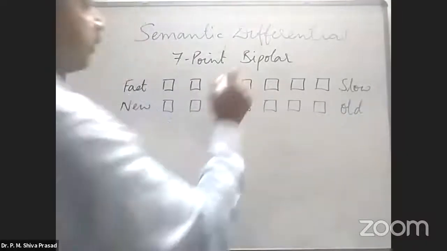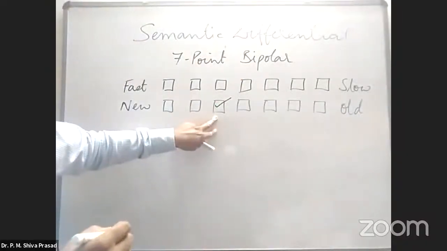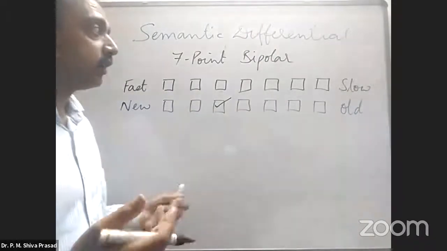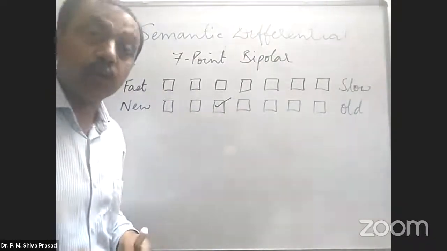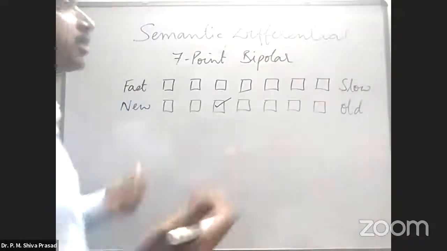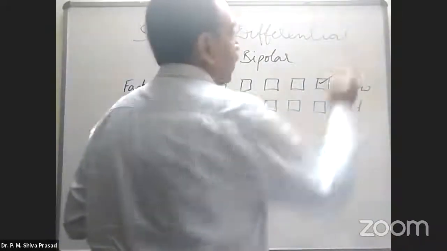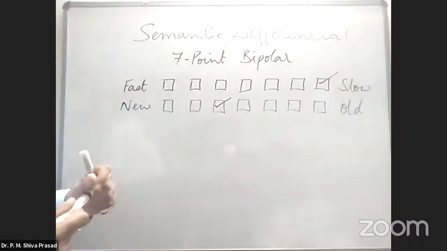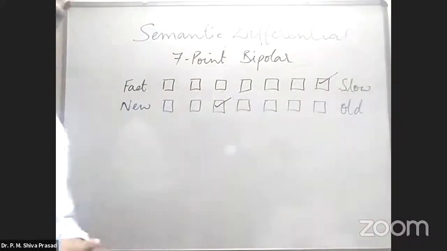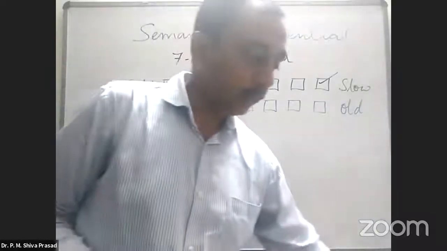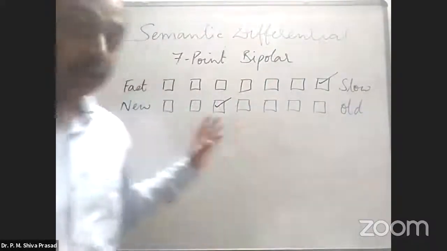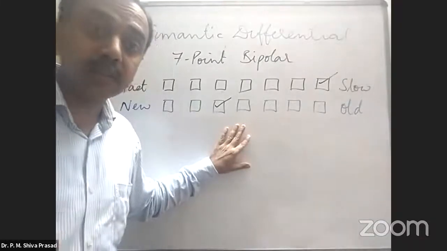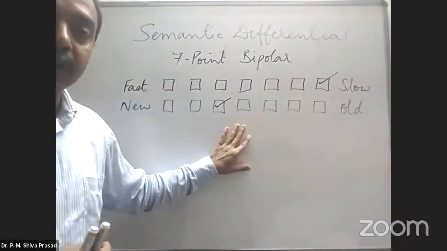I feel it's okay to give this point. Probably the car which I have driven and tested, I don't think it is too fast. It's not fast. It's pretty slow. I'll mark here. So this is how semantic differential scales are used so that even a novice person can also respond to your questionnaire.